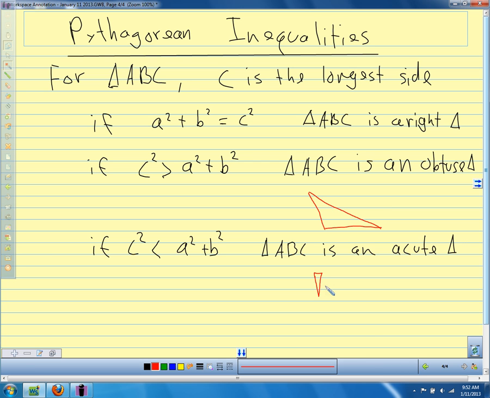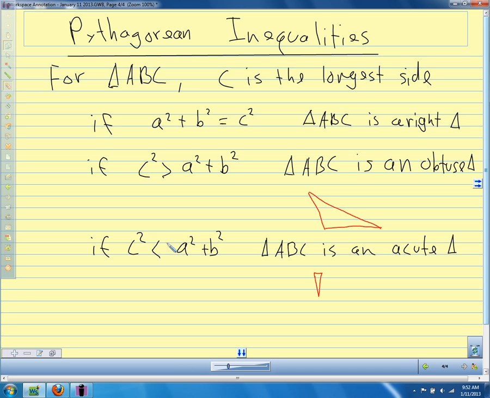That's the way I think of the Pythagorean inequalities. These tell us what kind of triangle we have based on what we know about c squared and a squared plus b squared.